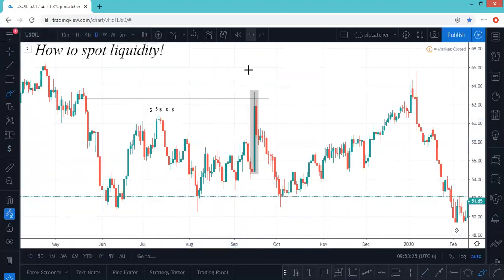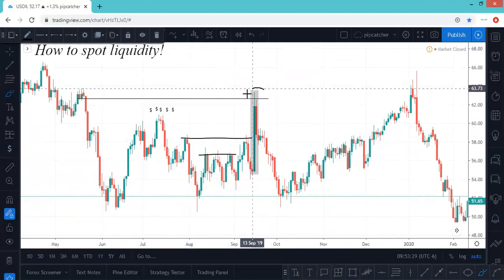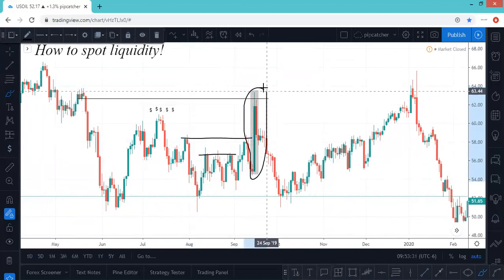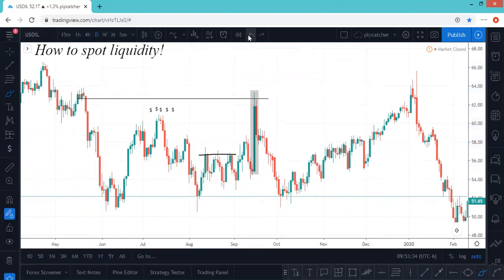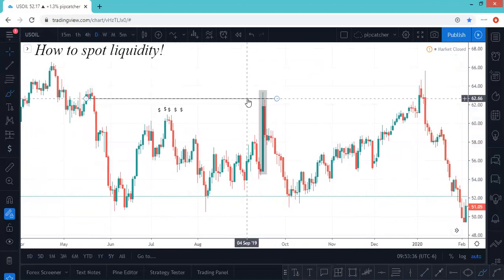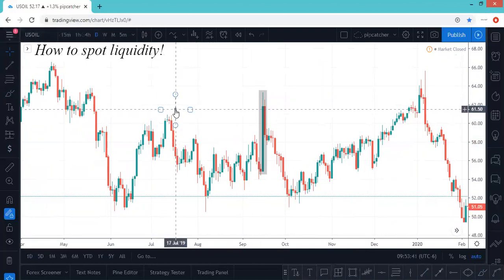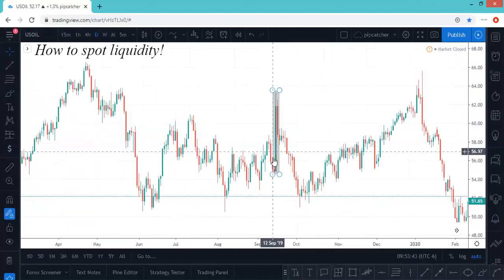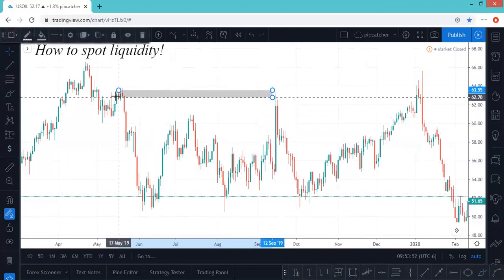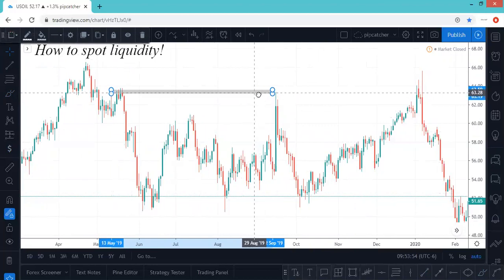And usually support and resistance traders get knocked out because of simple moves like this, if that makes any sense. But yeah, we see that when this candle shot up, new liquidity was formed. New liquidity had been made.